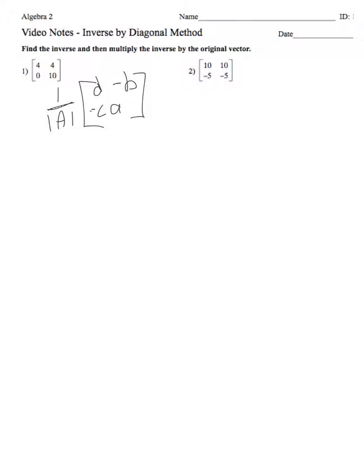So it's pretty easy to find. The determinant of A is these two, 4 times 10, minus these two, which is 4 times 0. Okay, so that's no big deal.